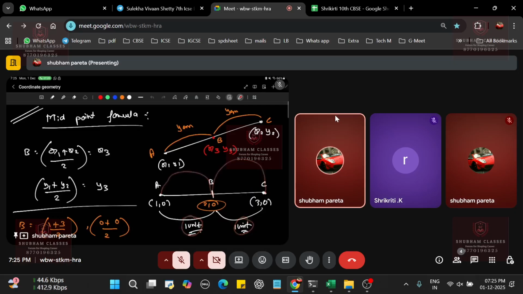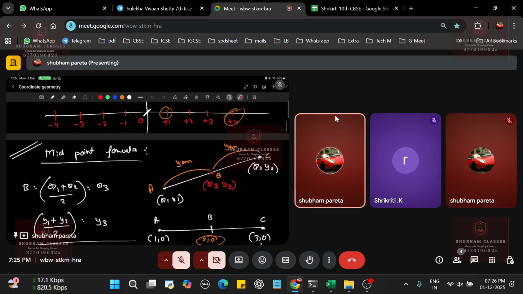But how will we prove this mathematically? It is like this: x1 y1 is one coordinate, x2 y2 is another coordinate, and then you are having x3 y3 over here.